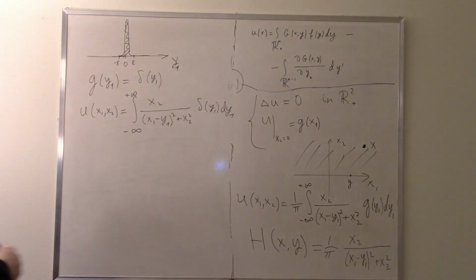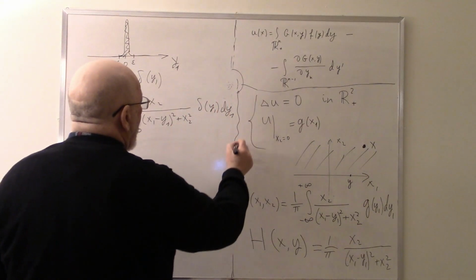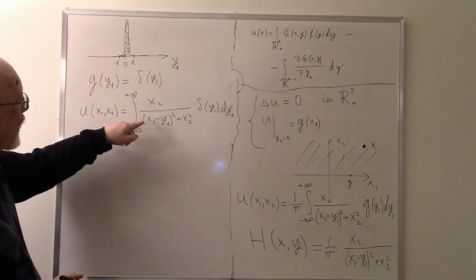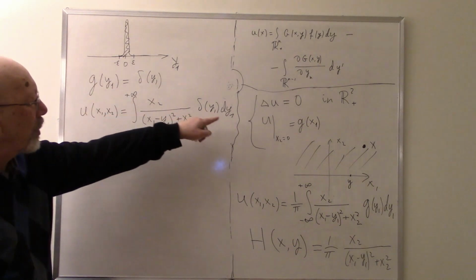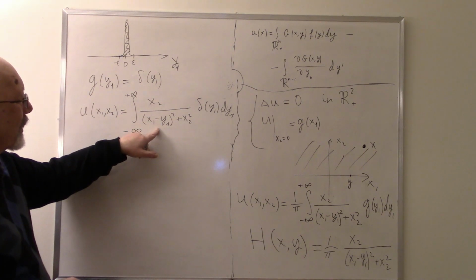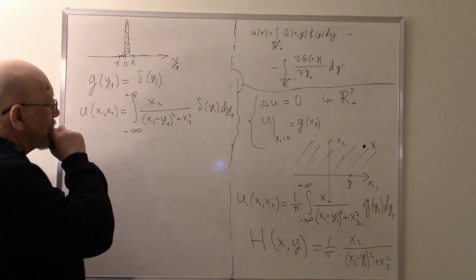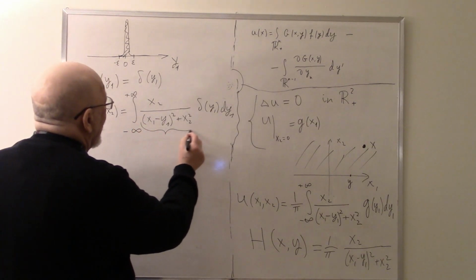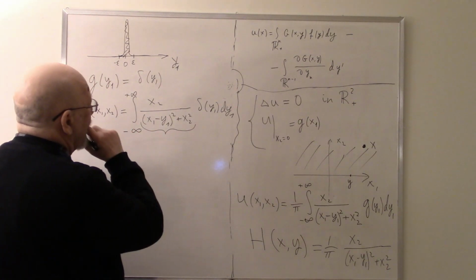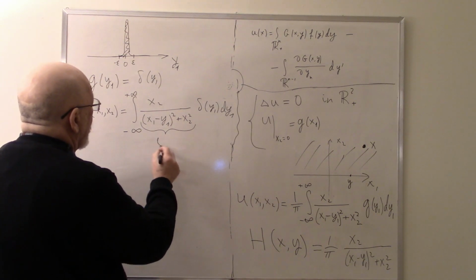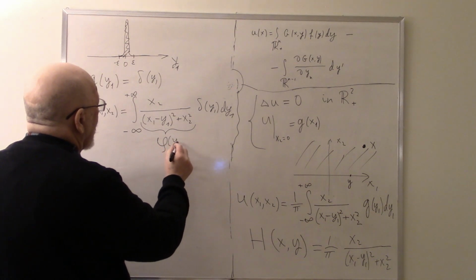So this is this formula. Now here we integrate along the axis y1. x1 and x2 are constants. So let me temporarily say that this function is, say, function phi of y1.